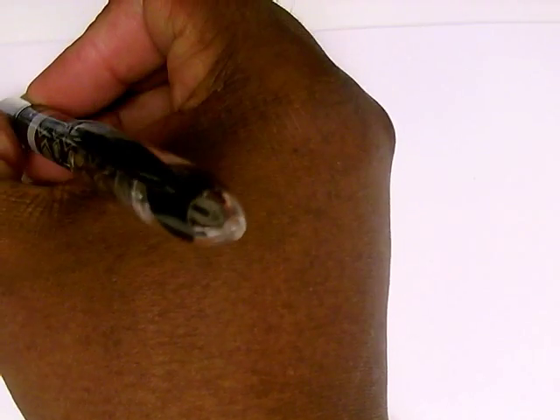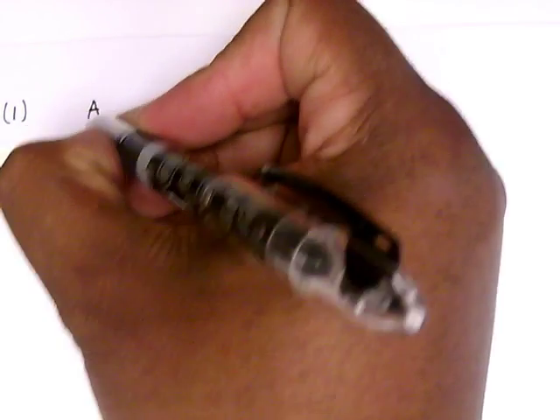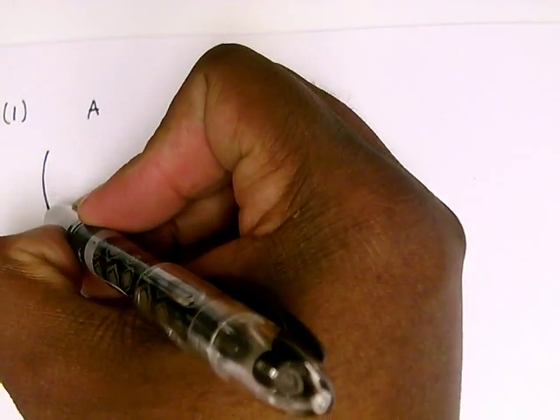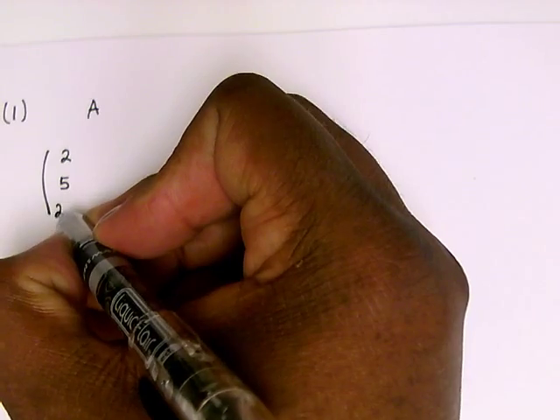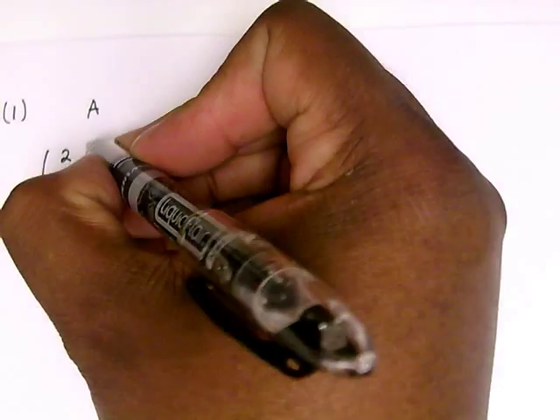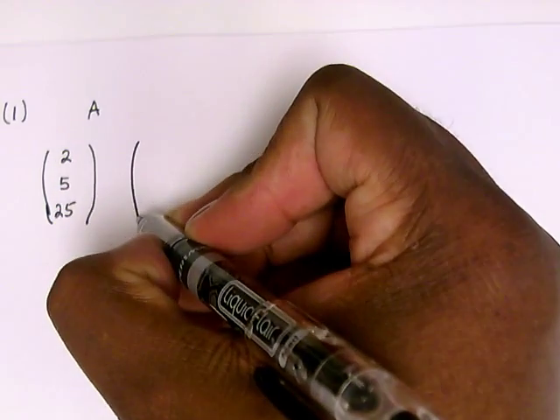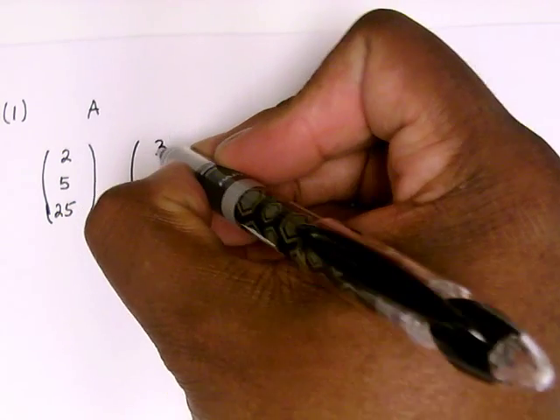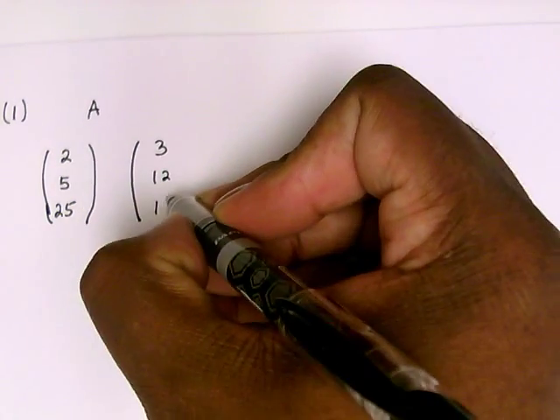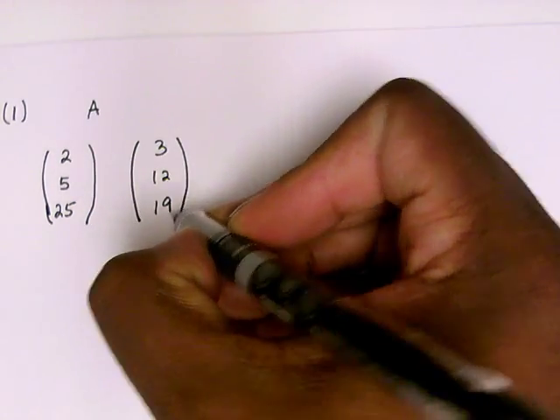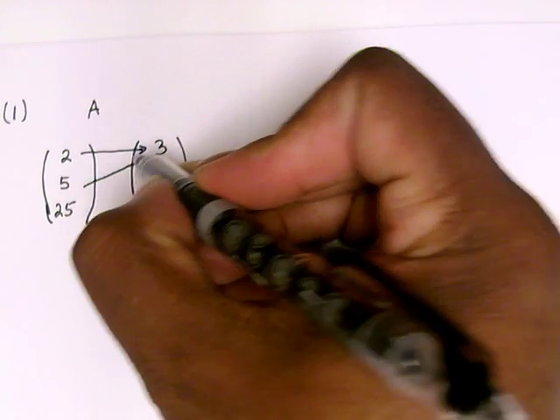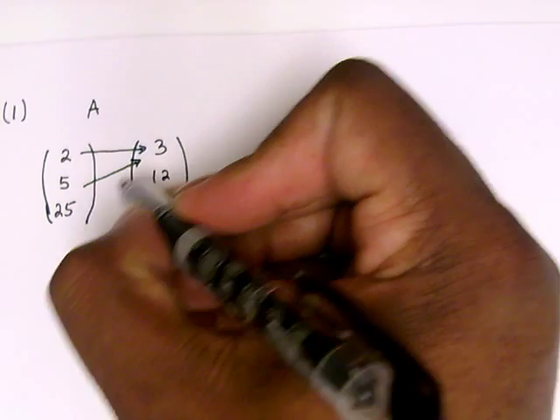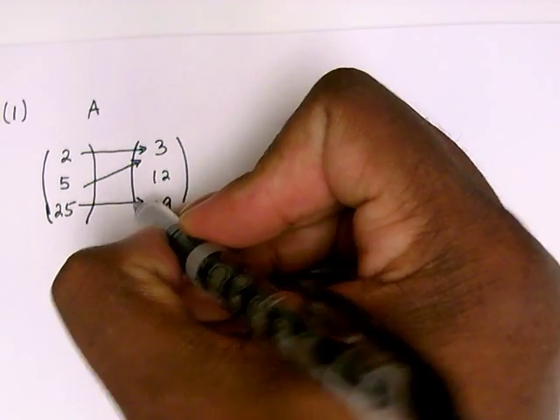In this case, we have mapping A that has these numbers 2, 5, 25, and 3, 12, and 19. The 2 goes to the 3, the 5 goes to the 3, and 25 goes to 19.